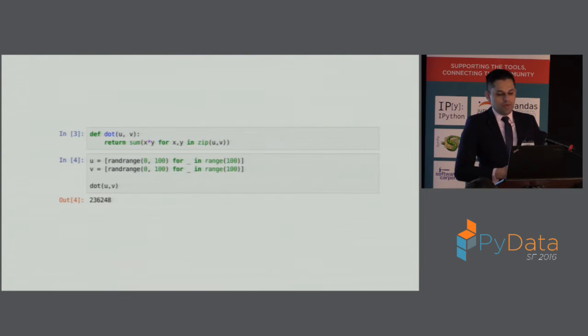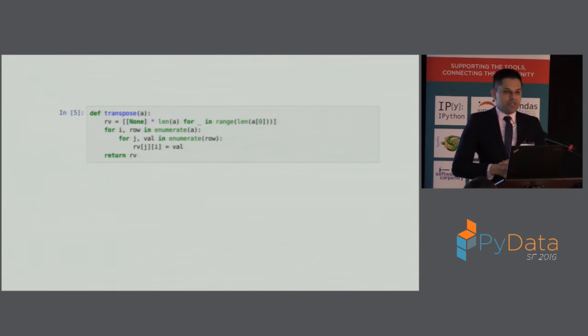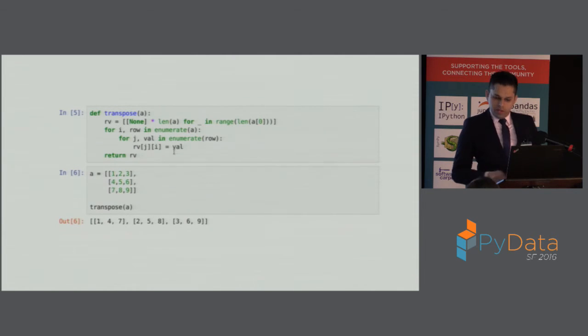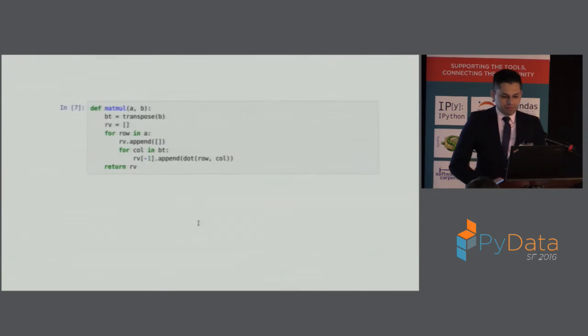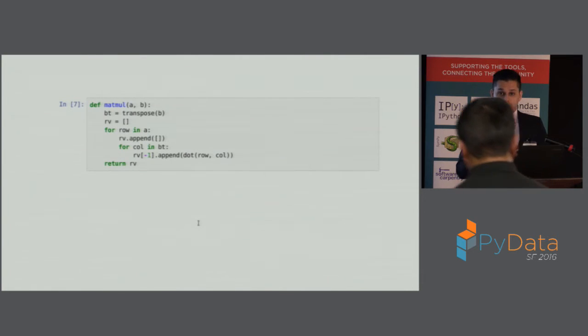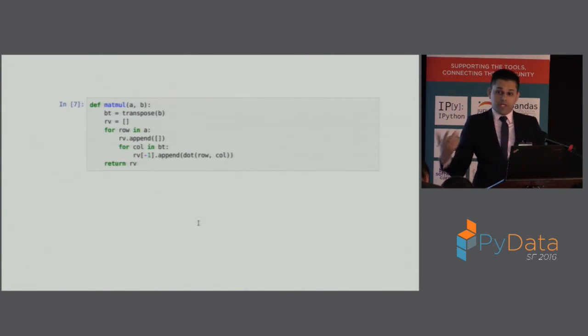And you can see, if we create two vectors of numbers randomly chosen from 0 to 1, and I get the result.